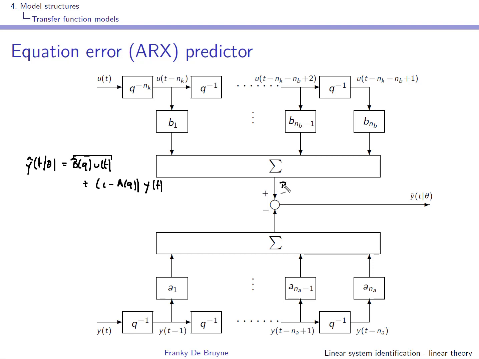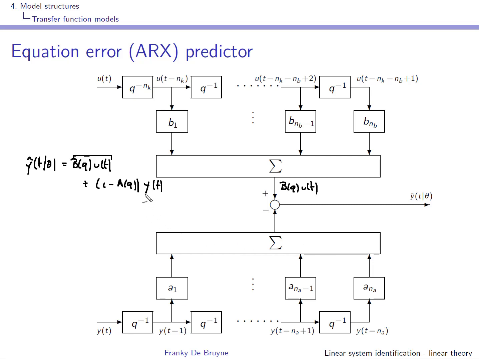So this is Bq u of t. It's constructed from past values of the inputs, right? And when you have them, you have to do some multiplications and then addition, right? And this is really the general case, where the delay can be anything.